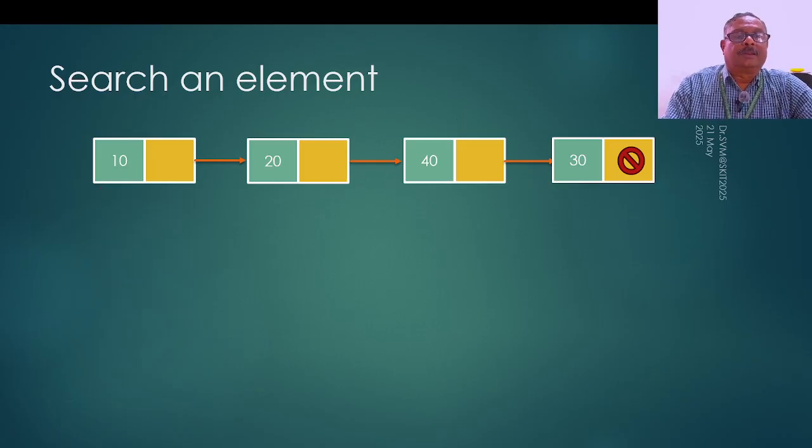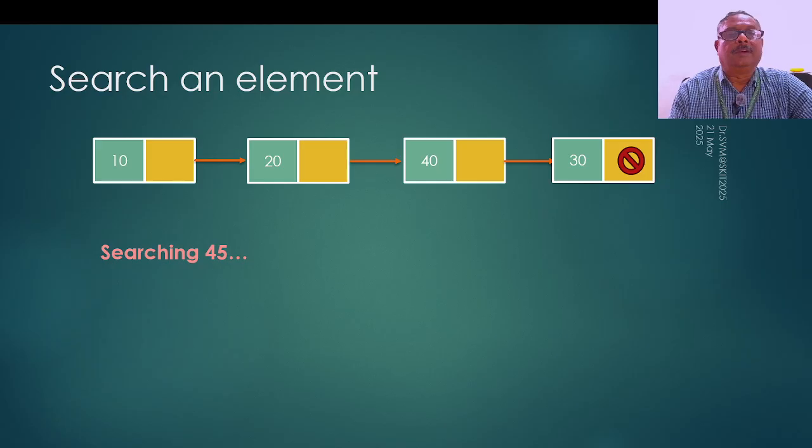Let's take another example where we are looking for a value which is not part of the linked list. When we are looking for an element which is part of the linked list, then we can stop whenever we find that element, declare that we have found it, and return the position and other details.